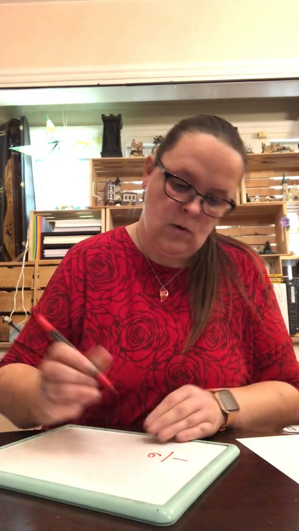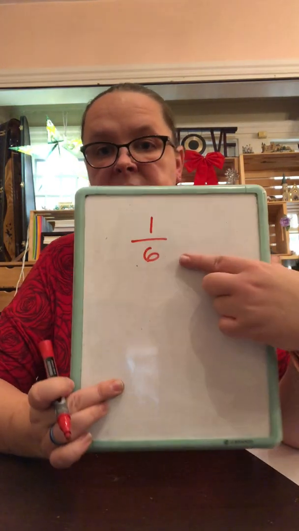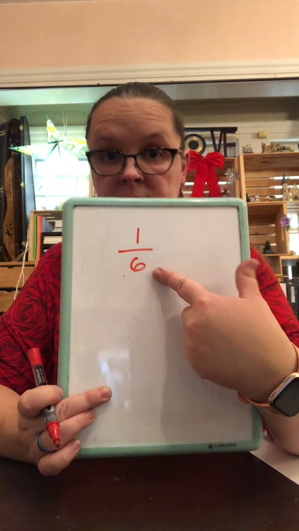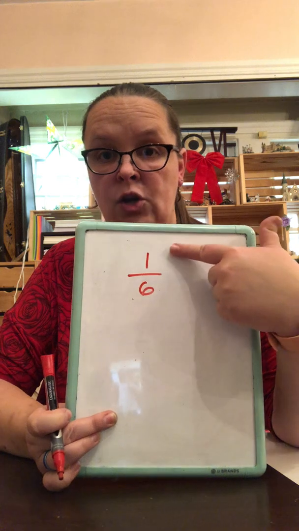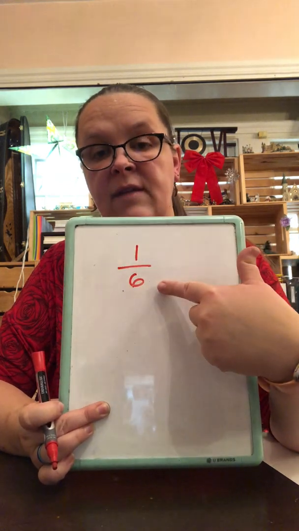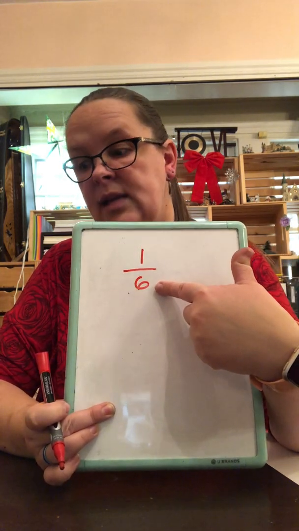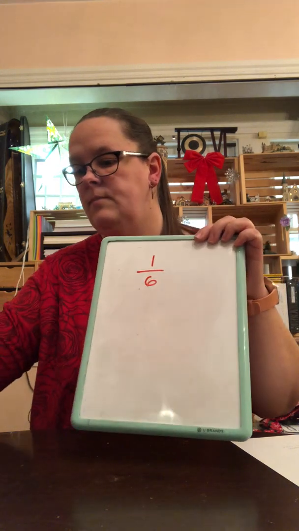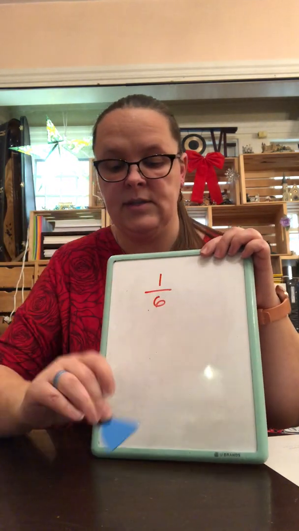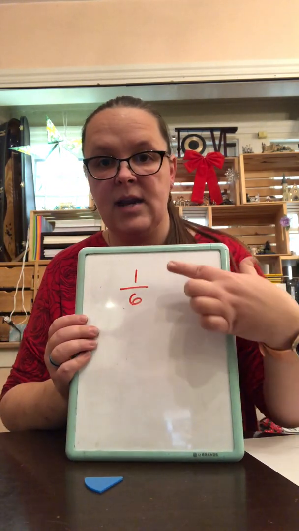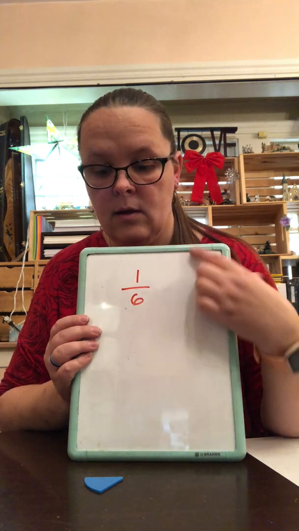So if I had, let's say, my denominator is 6, right? That's my denominator, and my numerator is 1. That means my family is 6. Here's my 6th piece. And it means that I have 1/6.